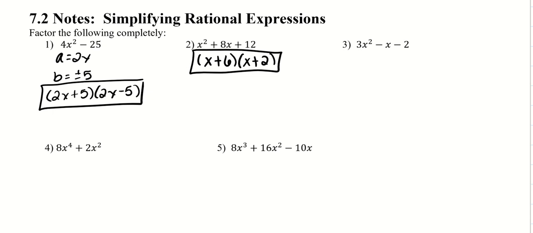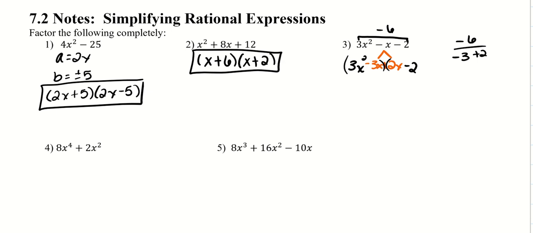3x squared minus x minus 2, the product of 3 and negative 2 is negative 6. My factors of negative 6 that would give me negative 1 would be negative 3 and positive 2. So I'm going to break this up into those two factors. I get negative 3x plus 2x, and then I'll bring down my negative 2 and my 3x squared.